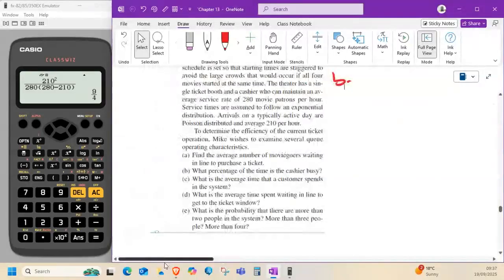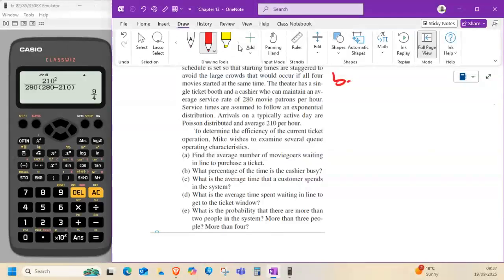Moving right along, you go to the next question, which is the percentage of time the cashier is busy. I like it when they put it like this. And then what is the average time that a customer spends in the system?